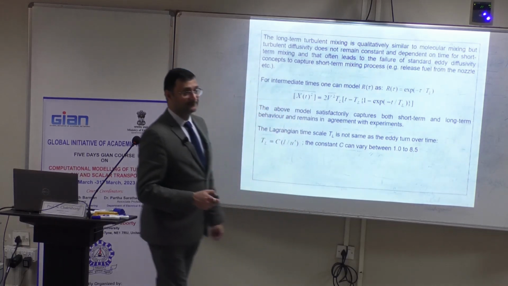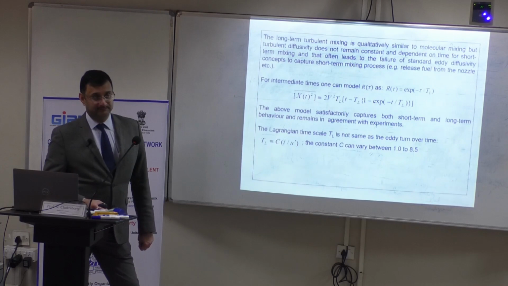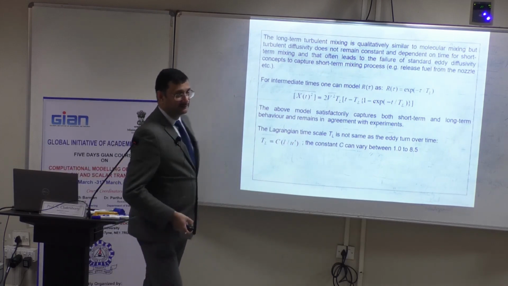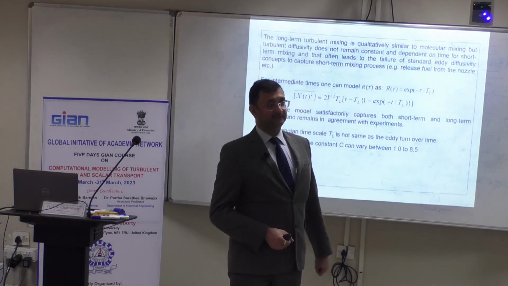So eddy turnover time is the time taken by an eddy to break down. Generally, the integral length scale divided by the RMS velocity fluctuation, that's essentially your eddy turnover time.